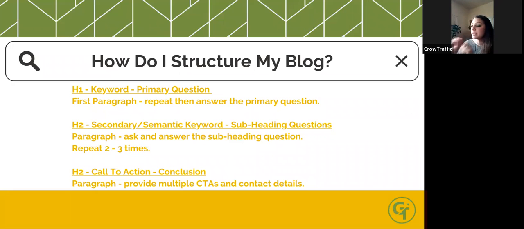So it's going to be the same question asked in a different way, or variations on a theme. You might start at the top and work your way down, or you might just ask the same question in multiple ways, depending on the information you've got from Answer the Public or wherever. But each of those subheadings should be another question. And then again, ask and answer it.